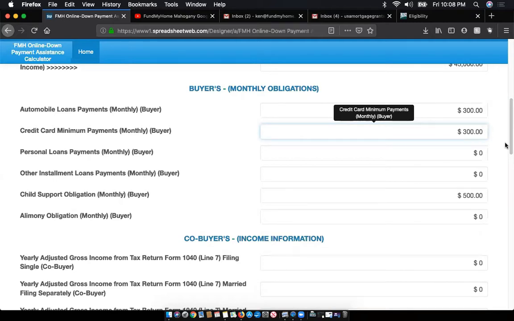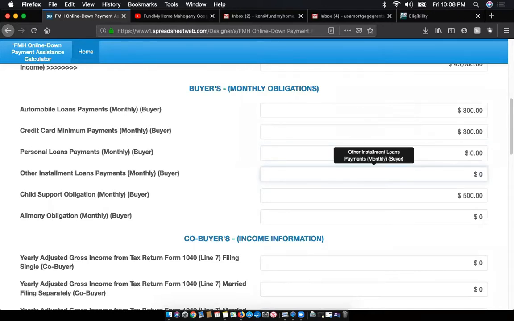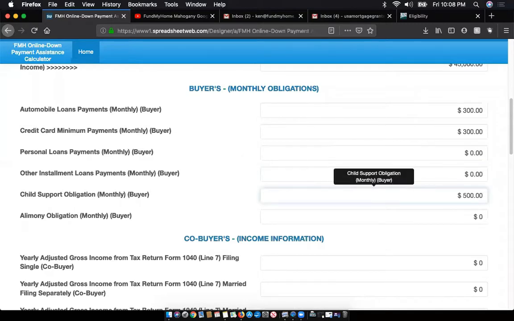Okay, so next, personal loans and payments monthly. So zero, and no other installment loans. Now child support. This is income. No one is obligated to disclose child support or alimony, but you are invited to put it if it's going to work out for you.